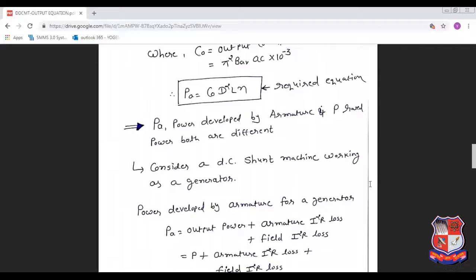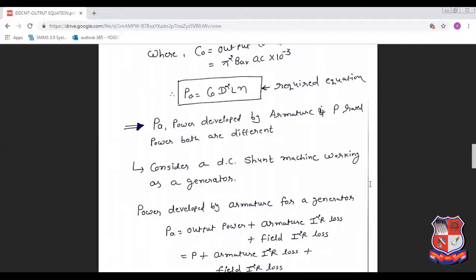In output equations, sometimes the value of maximum gap flux density is given instead of the average gap flux density. So we calculate the average flux density from the maximum flux density. The relation between Bg and B average is found by using the field form factor or the ratio of pole arc to pole pitch.